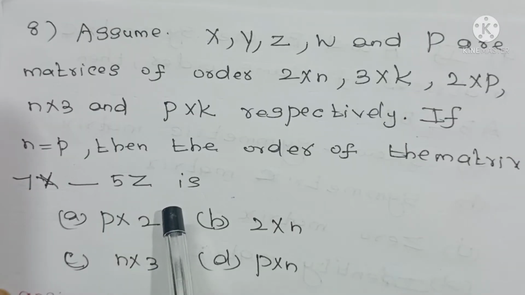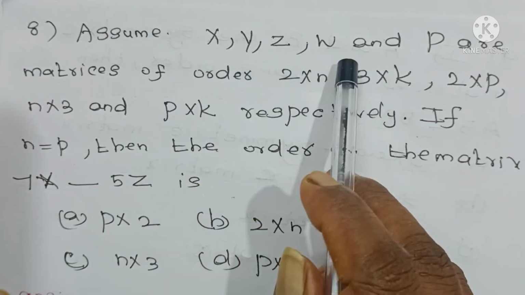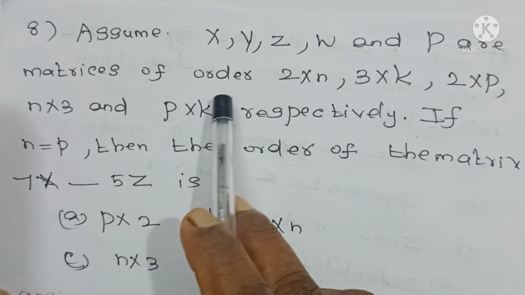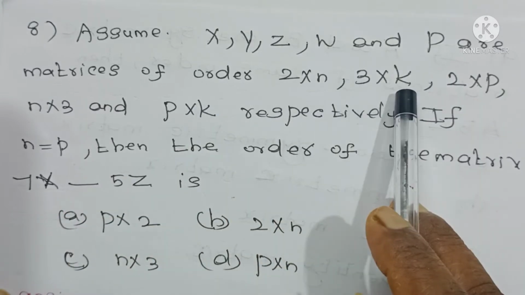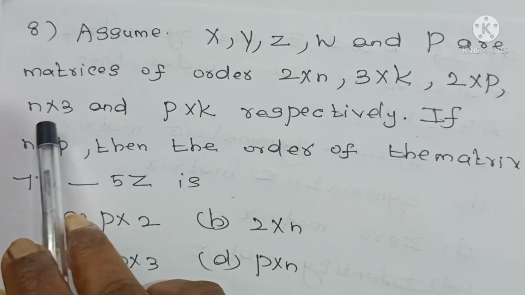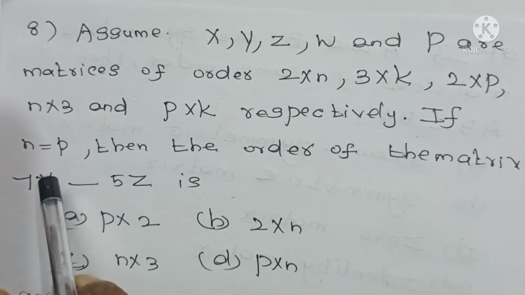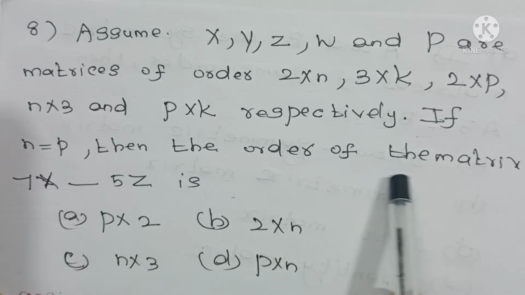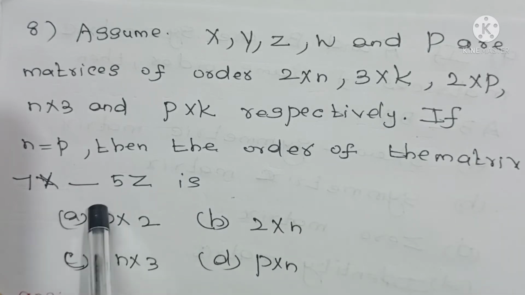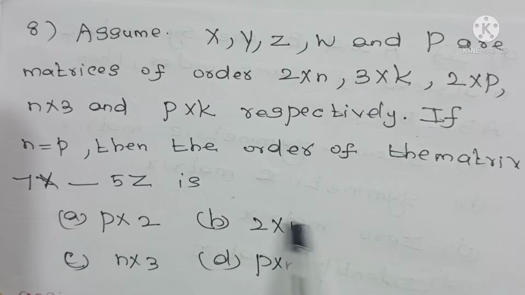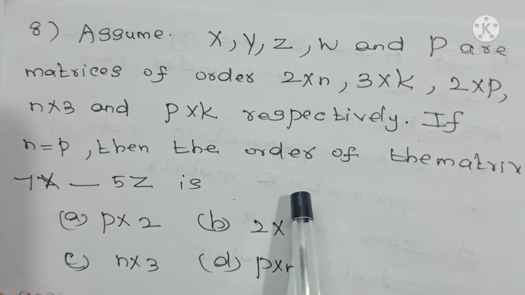Next, move on to the 8th question. Assume x, y, z, w and p are matrices of order 2 by n, 3 by k, 2 by p, n by 3 and p by k respectively. If n is equal to p, then the order of the matrix 7x minus 5z is, they have given 4 options.